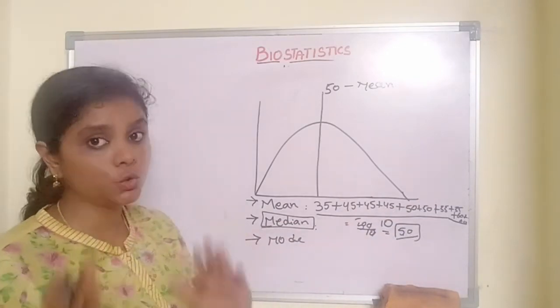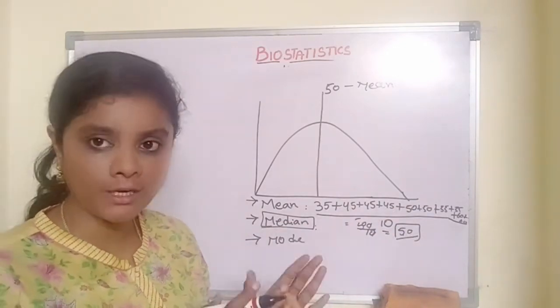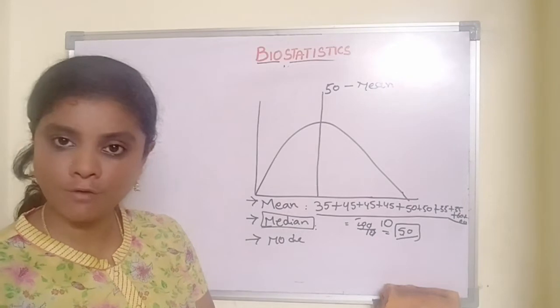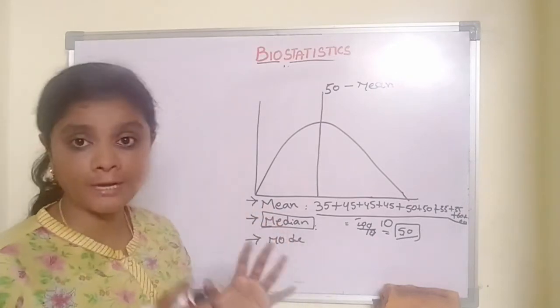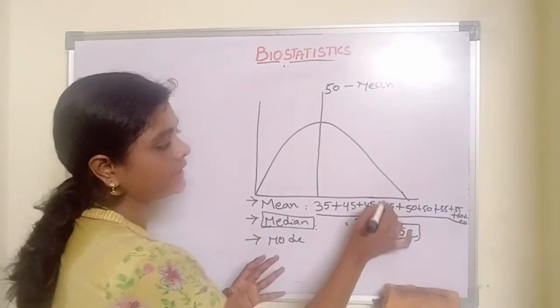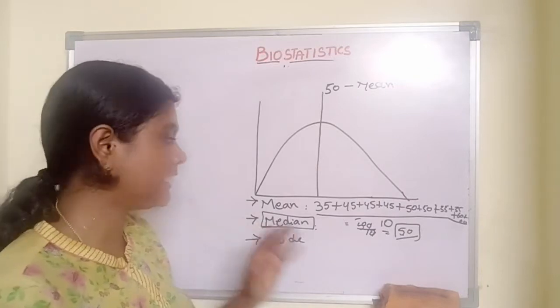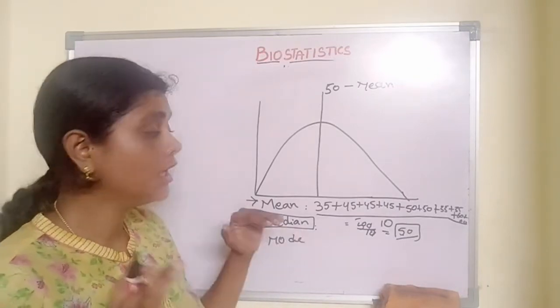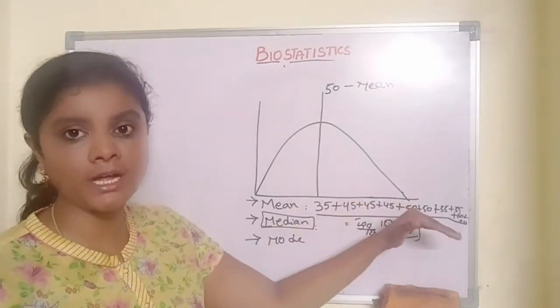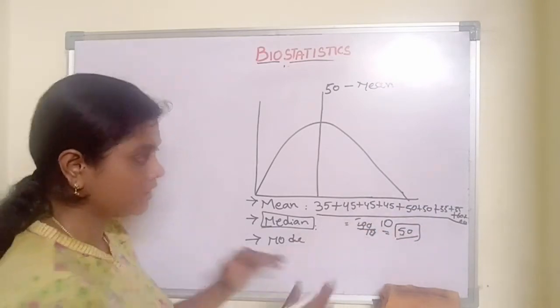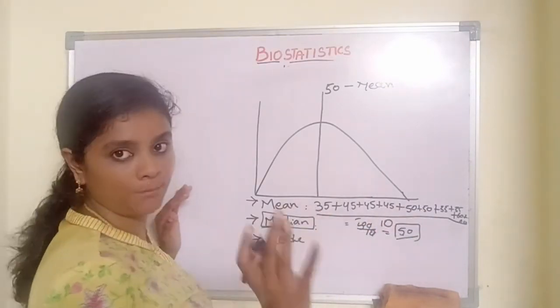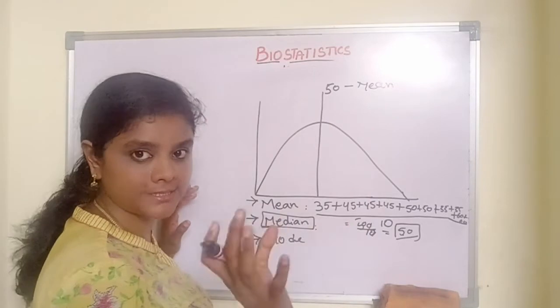So there are two cases: an odd number of outcomes and an even number of outcomes. If there is an odd number of outcomes, then definitely there will be a single center that can be considered as the median. But when you are dealing with an even number of outcomes, how do you deal with the center?